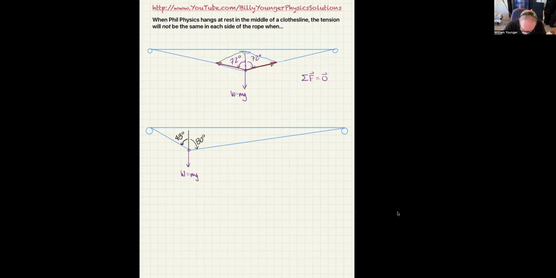So what I have to do is find a way to figure out exactly what force is acting on the left one and what force is acting on the right one, and just see if they're basically the same length. So all I have to do is go up from the top of the weight vector and draw another vector, the equilibriant. So in this case, I'm going to draw the equilibriant in purple.